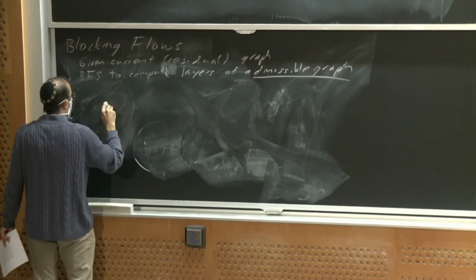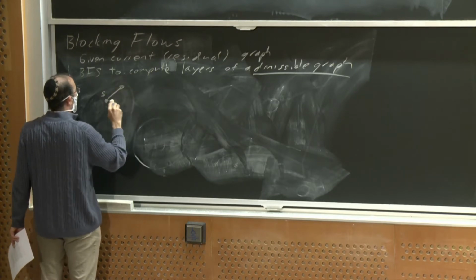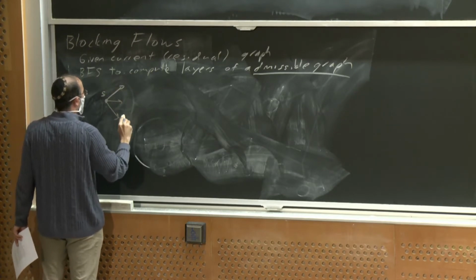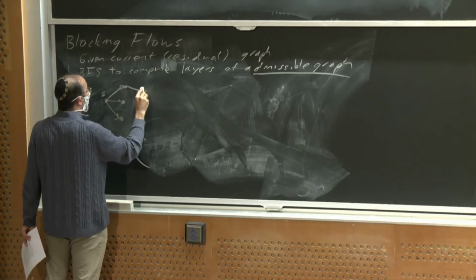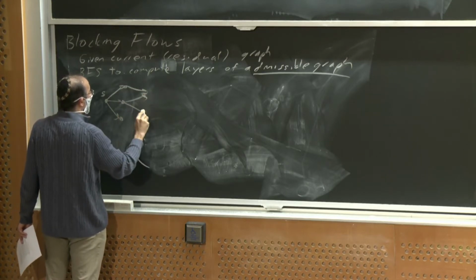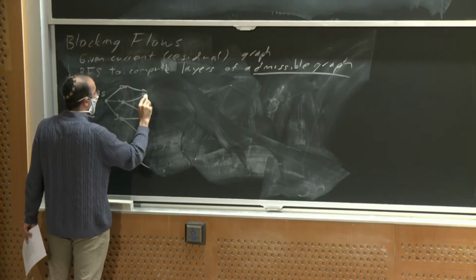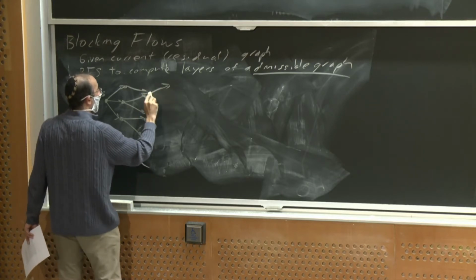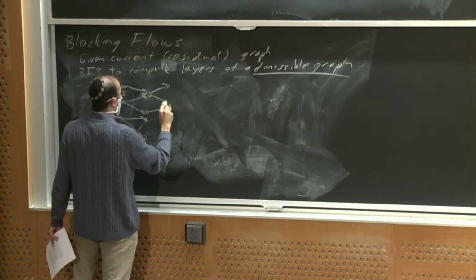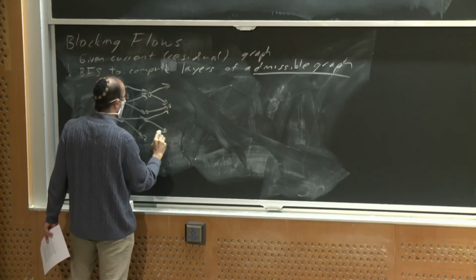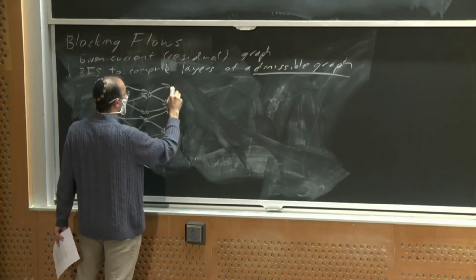Right, so we start at S, and we see everything that can be reached from S. That's layer 1. Then we look for everything that can be reached from those vertices. That gives us a layer 2. And so forth. We just keep on going through the layers of our breadth first search.